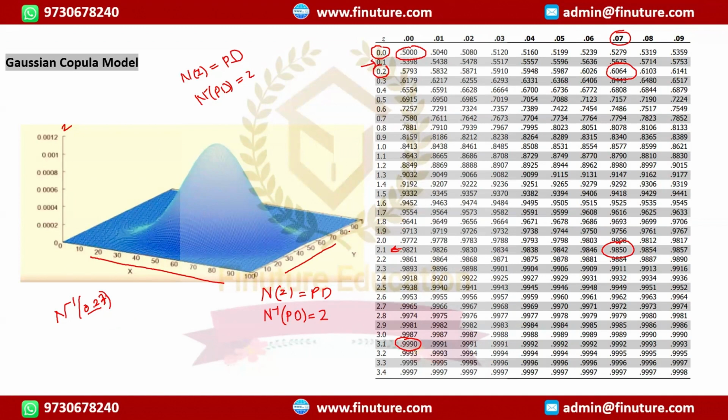N will take the z value, N inverse will take the probability value. So be very careful. If you are given z and are interested in the corresponding probability, you apply N of z. When you are given N inverse of a probability of default, you have to find the z value. It's a little tricky. I see your difficulty area.